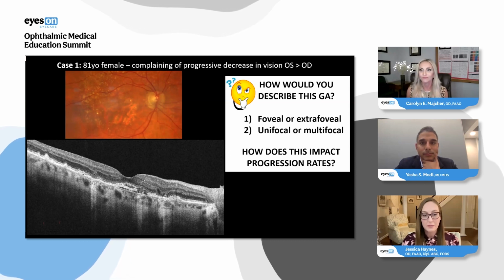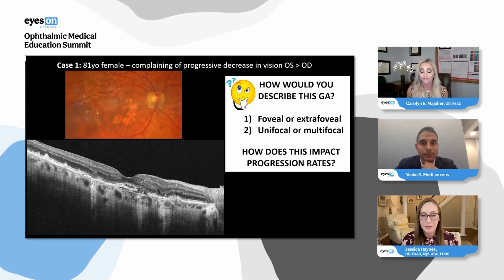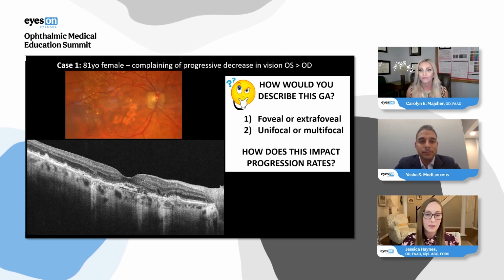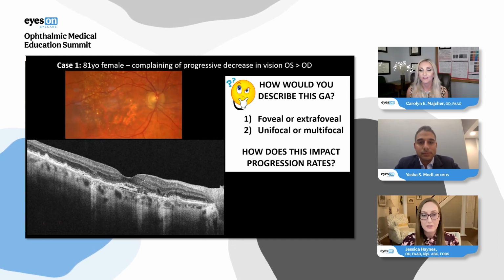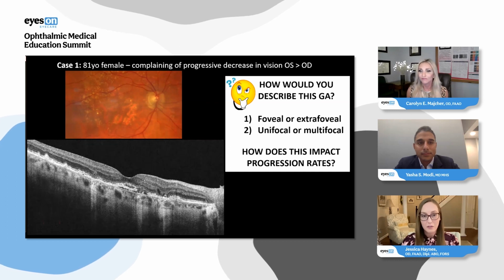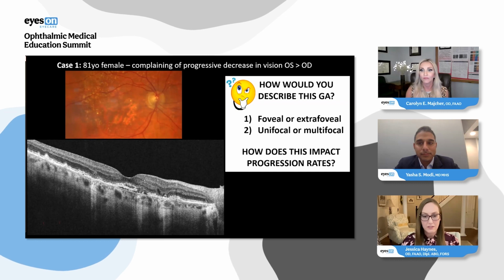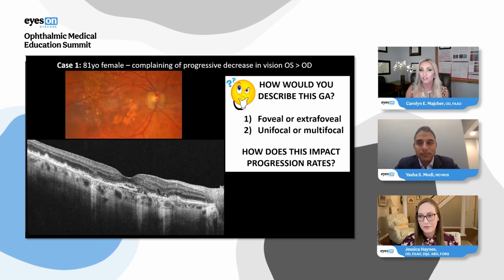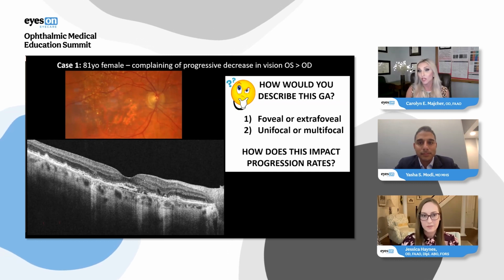Multimodal imaging can sometimes be more helpful to see things in different ways, so looking at it with fundus autofluorescence as well. But this is a fairly large lesion, even though it's not affecting the subfoveal space, it's encircling the fovea and appears to have multiple foci of disease. I love it. Yeah, I agree with you. I think it's probably extrafoveal and multifocal.